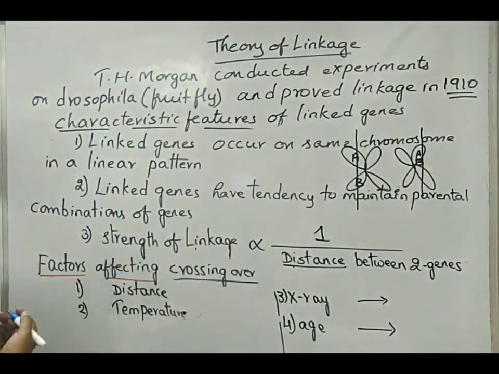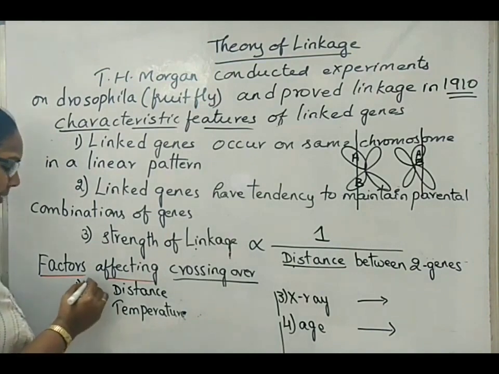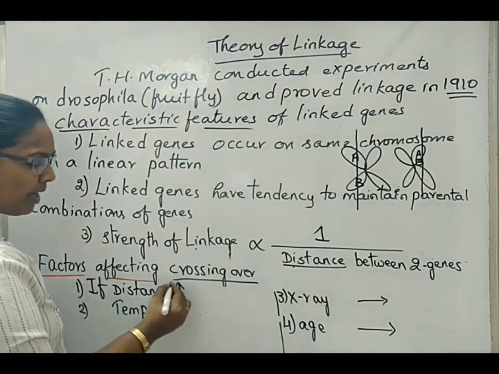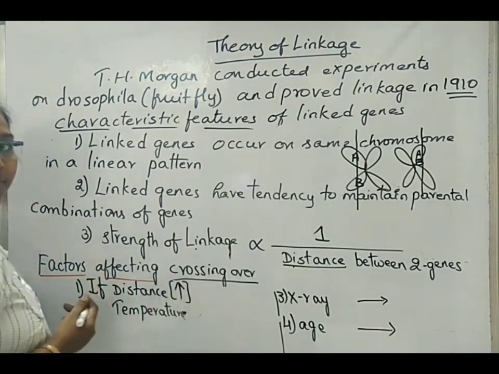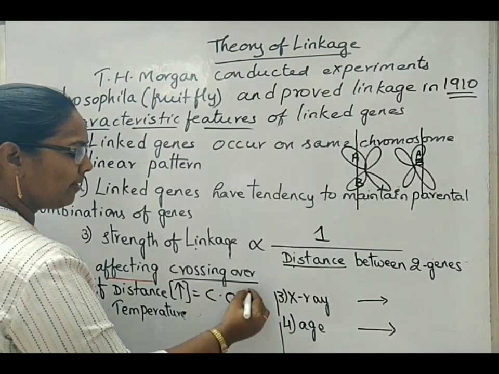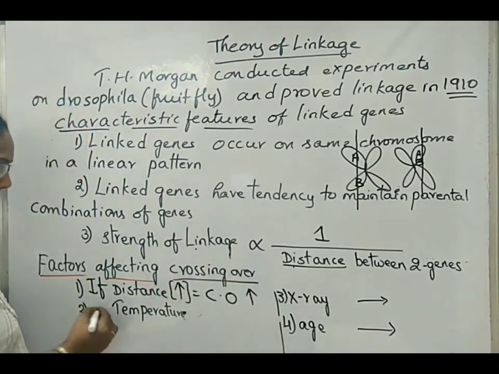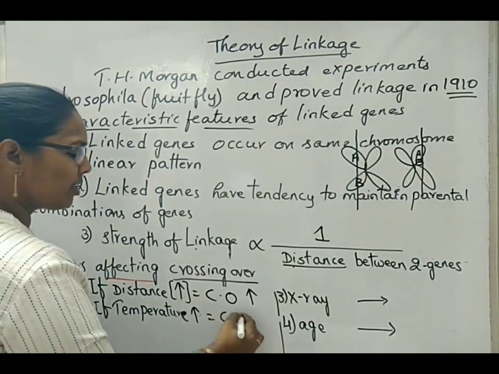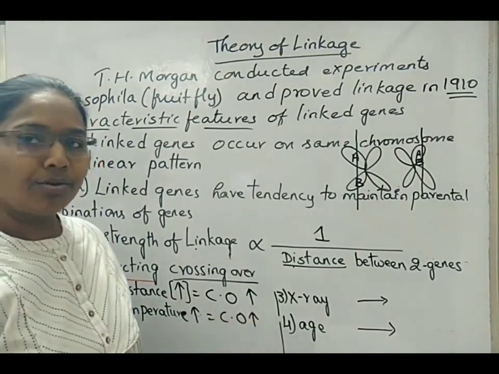So what are the factors affecting crossing over? If the distance between linked genes is more, I am representing it as an arrow mark towards the upper side, then the chance of crossing over will be more. And if temperature is increased, then also the chance of crossing over is more.